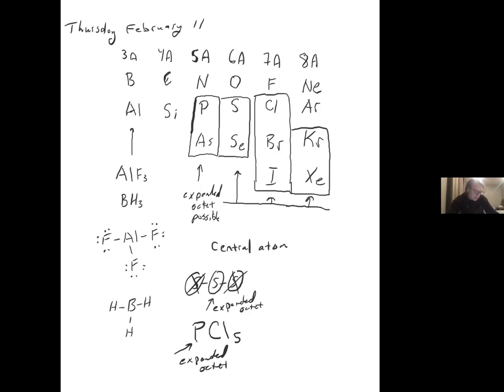It just has to be, because it's got 1 bond to each surrounding atom, so that adds up to 10 electrons right there. Likewise, if you have a sulfur and it has more than 4 surrounding atoms, that's got to be expanded octet. It just has to be.